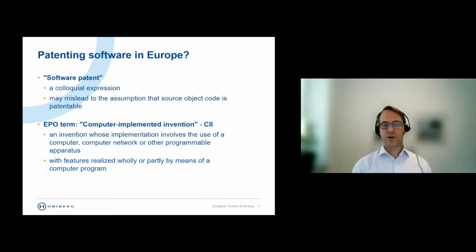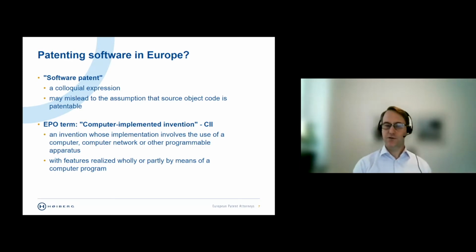So when you talk about software patents, there's nothing really called a software patent. In European law, at least, it's called a computer-implemented invention. I think there's an important difference here: it's not a piece of software that you protect, it's more the functionality of the code.